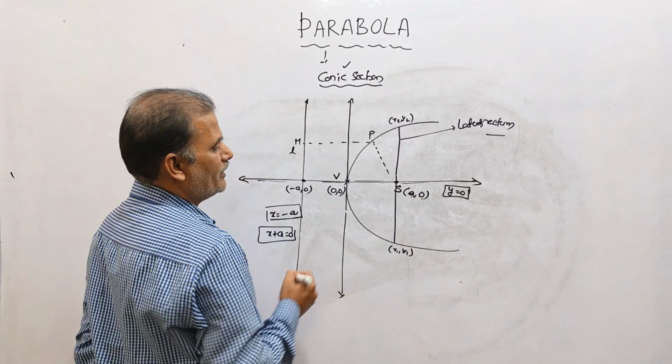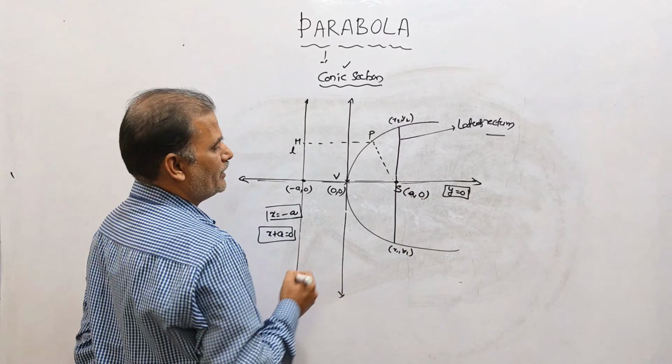Now on this side we apply the parabola, and here this is the focus again, F or S, and this is the vertex. Vertex is always 0, 0, and this is a, and this is also a. There is no change, a and a.